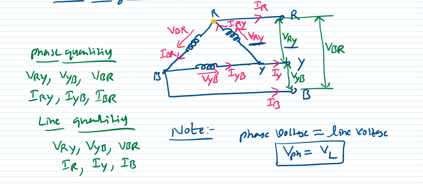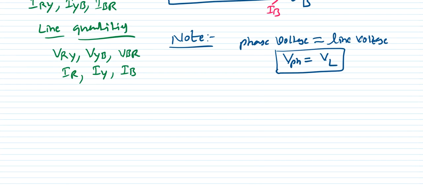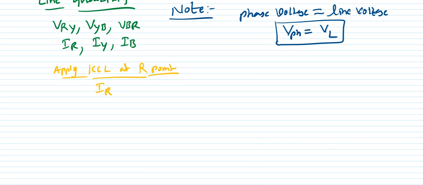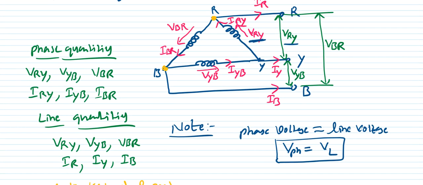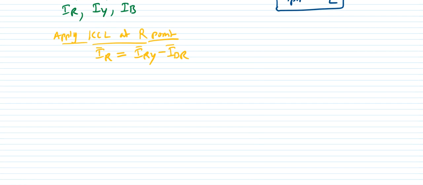So I apply KCL at point R. Then we get IR equal to IRY minus IBR. These are phasor forms. Similarly, do the same for the other points, applying KCL at each node or junction, and you can find these values.